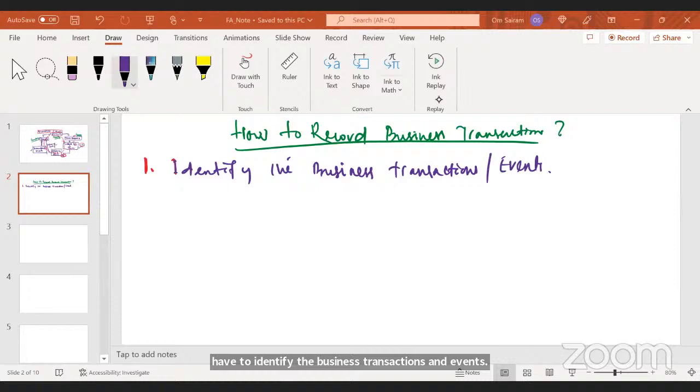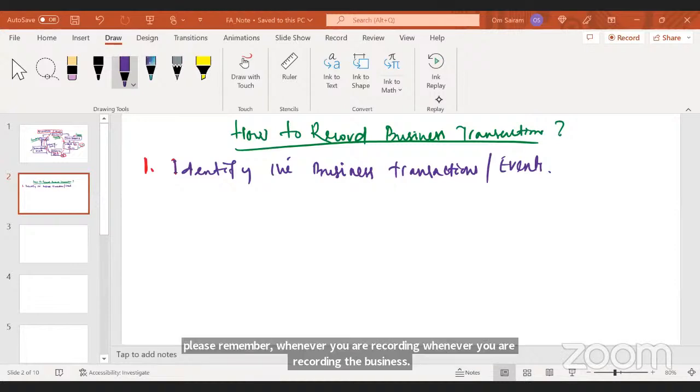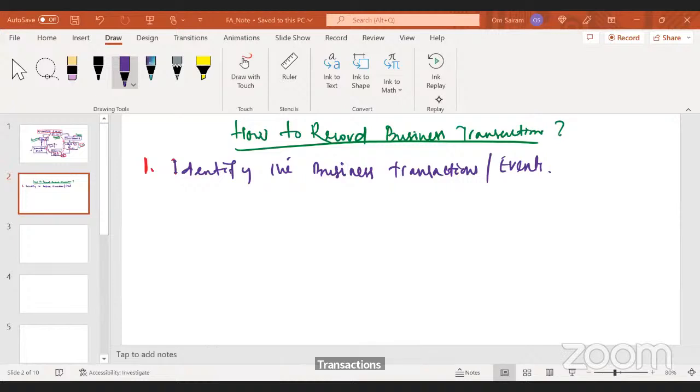As an accountant, please remember, whenever you are recording business transactions, you have to assume that you are the professional accountant of that business concern. This is your business and you are the professional accountant, recording the business transaction in the books of accounts. First, it is your duty to identify whether this is a business transaction or not, that means whether this transaction is related to my business or not. This is the first step.